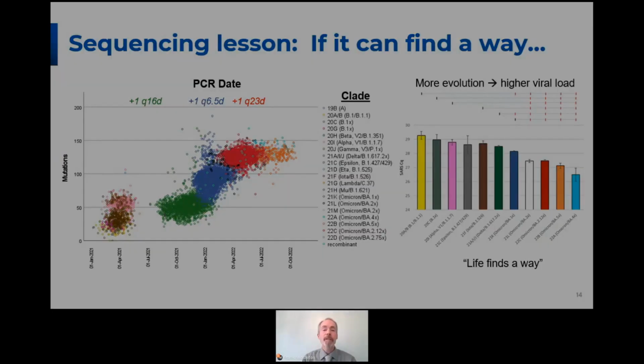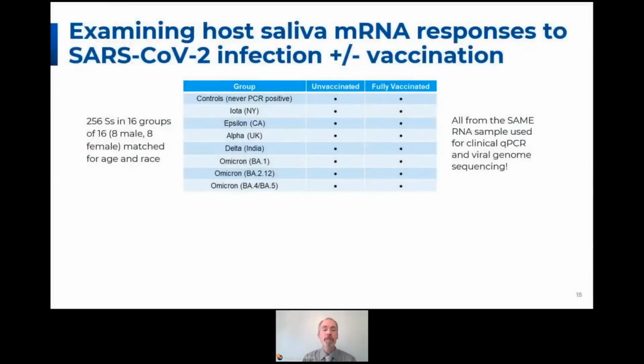The last thing I'll point out that we've looked at in terms of SARS-CoV-2 is the host mRNA responses. We've done this in samples of males and females who were vaccinated or unvaccinated, who had every major lineage that we encountered. So this is more than 250 subjects.